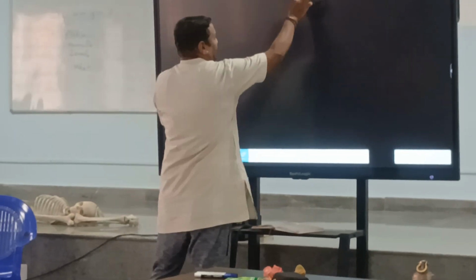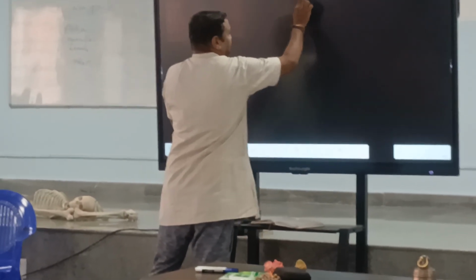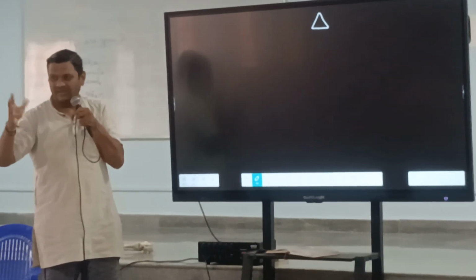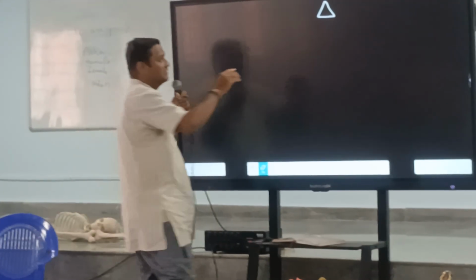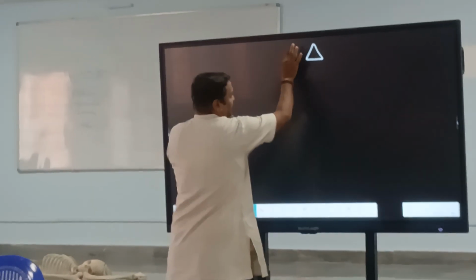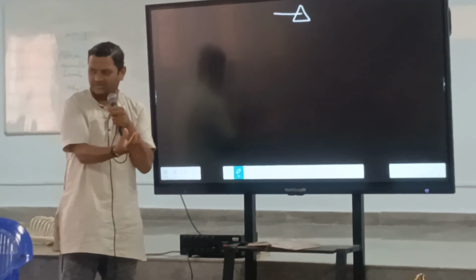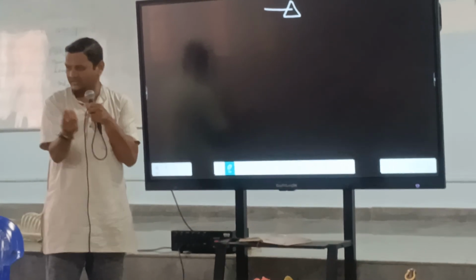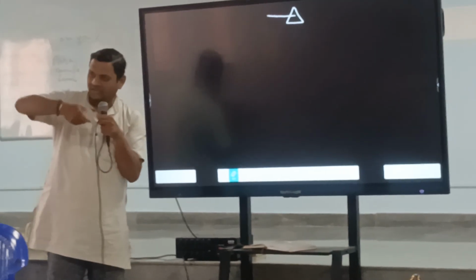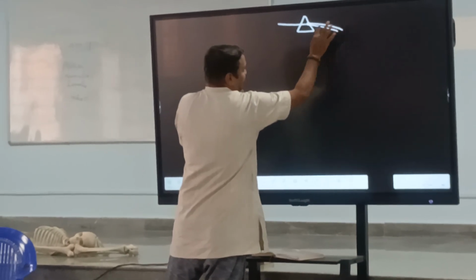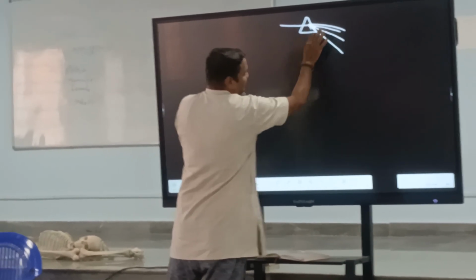There is a triangle structure called a prism. It might be made of quartz. If light falls on a prism-like structure or a diamond, it will spread into 7 colors.